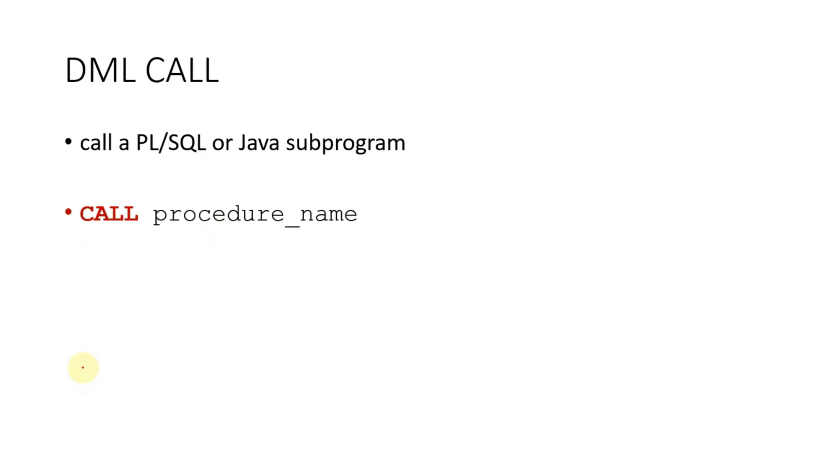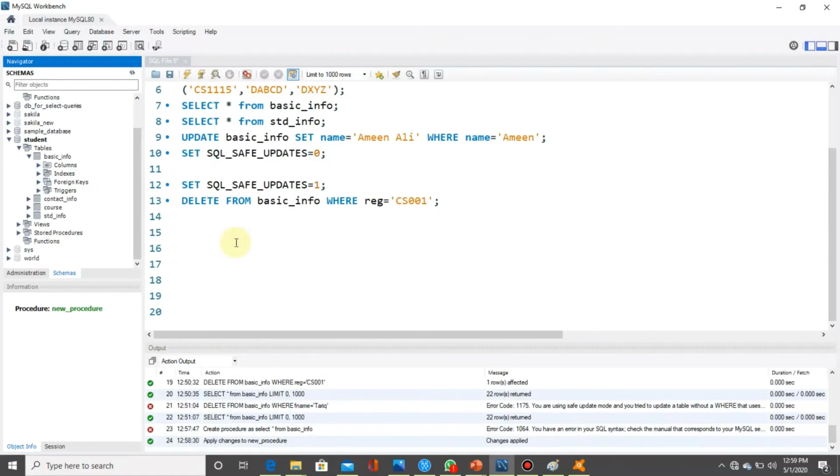Then we have call. Call is used to execute a function, procedure, or any subprogram in SQL. So we can use it with a stored procedure. Now here inside student we have a stored procedure, new procedure. Actually I created this procedure by right clicking stored procedures and choosing create new procedure.